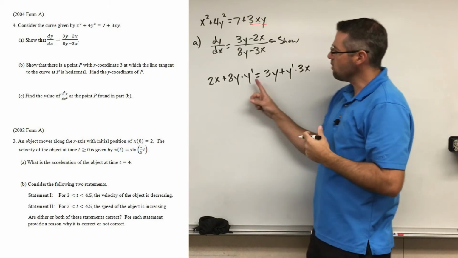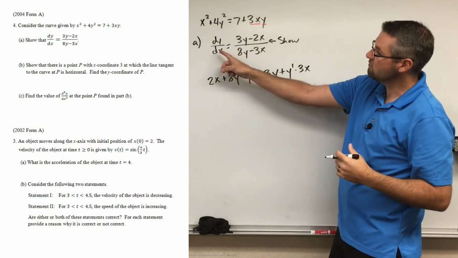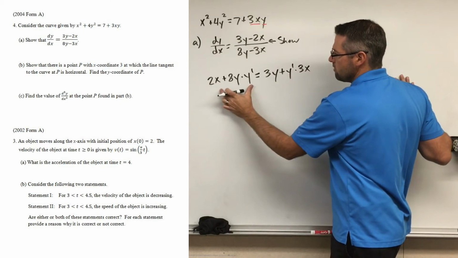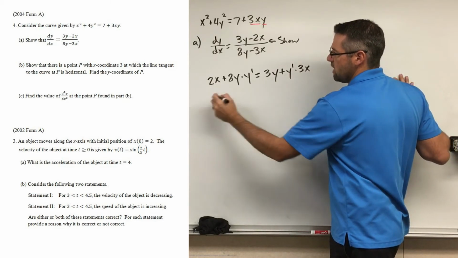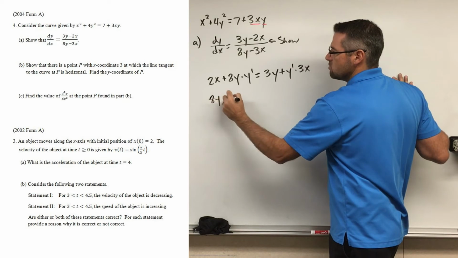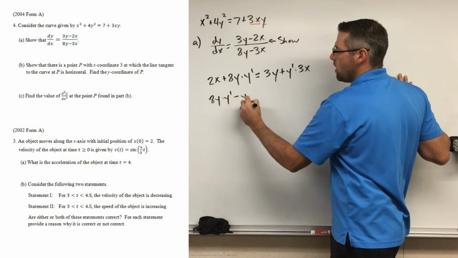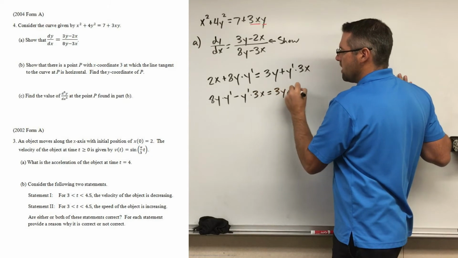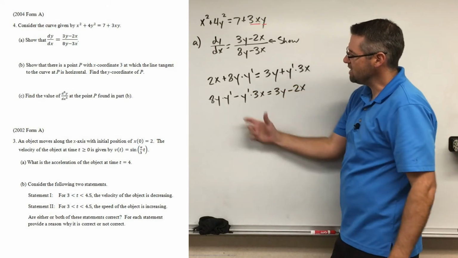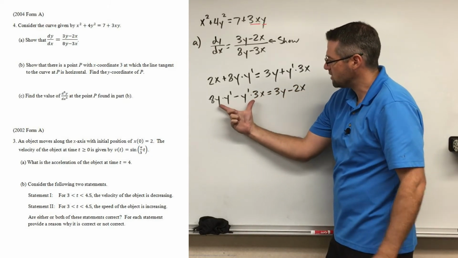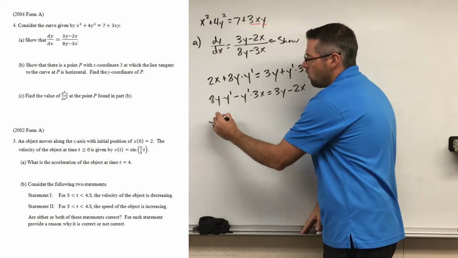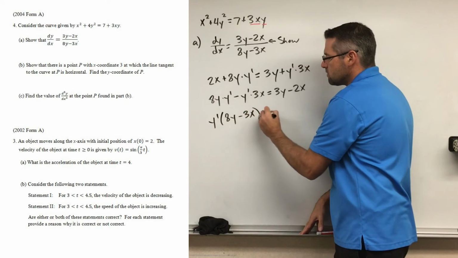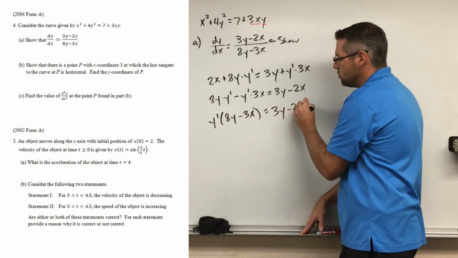Now I want to isolate y prime here because the goal is to figure out what y prime is. So I'm going to move all of this over here, and then I'm going to move the 2x over there. So I end up with 8y times y prime minus y prime times 3x equals 3y minus 2x. And then you should be able to see now I can factor out a y prime. So we end up with y prime times (8y minus 3x) equals 3y minus 2x.